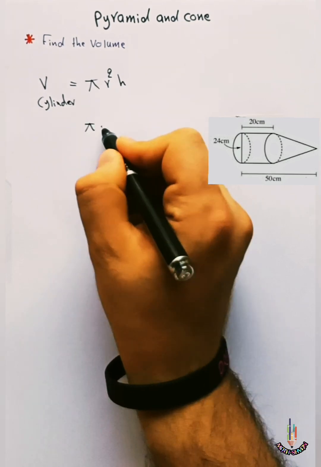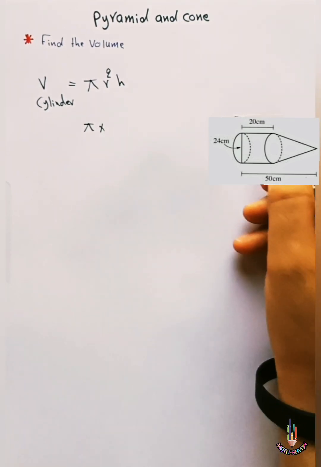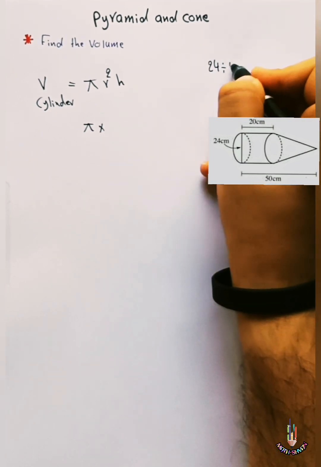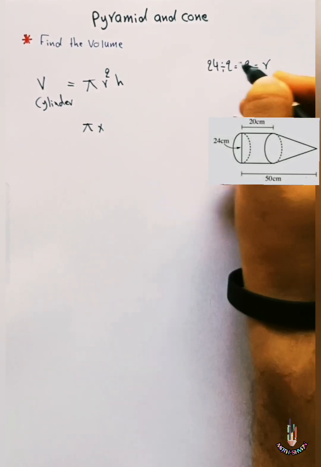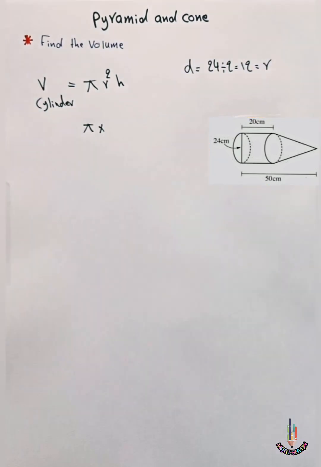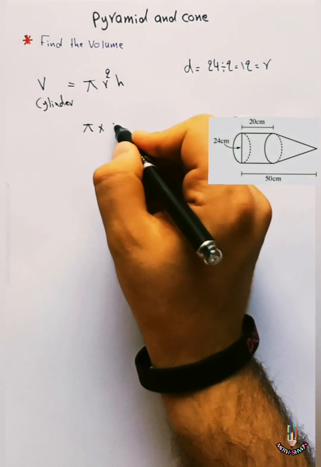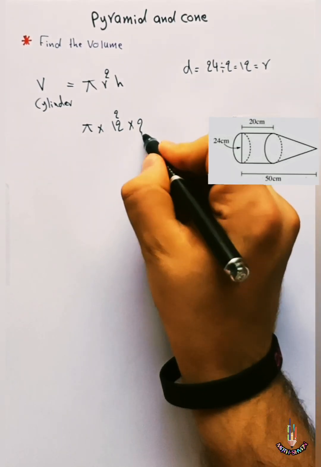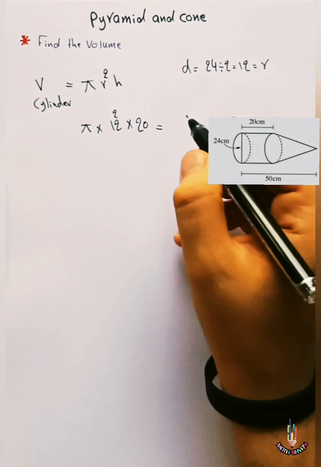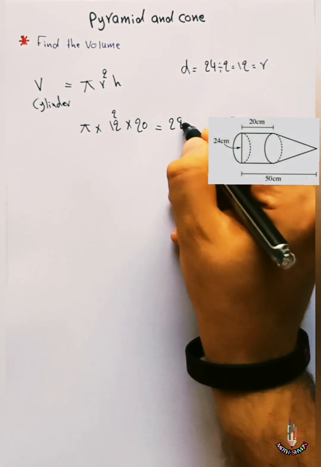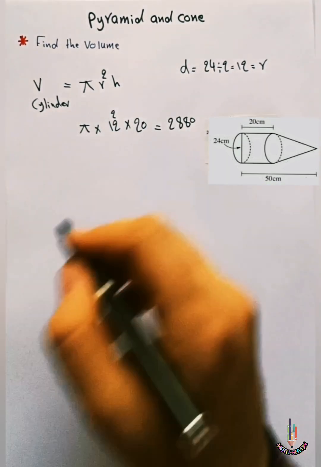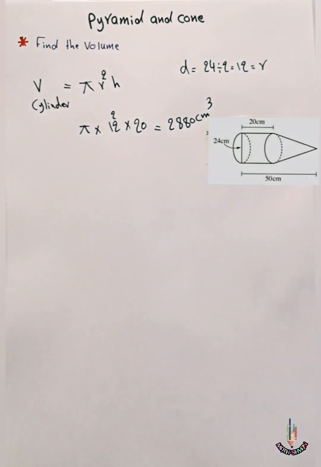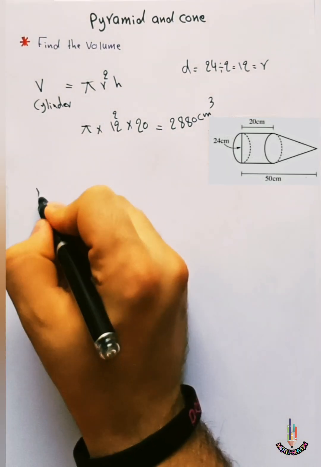So we have pi multiplied by the radius, 24 divided by 2 equals 12, because the diameter is 24. So the radius is 12 square multiplied by the height, 20. When we multiply, the product is 2880 pi cubic centimeter.